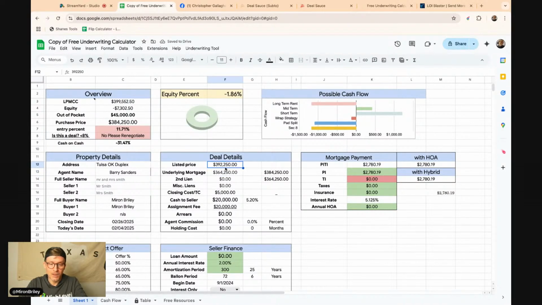So the purchase price is $392. So what am I missing here? Oh, you know what? I bet it's something like this.